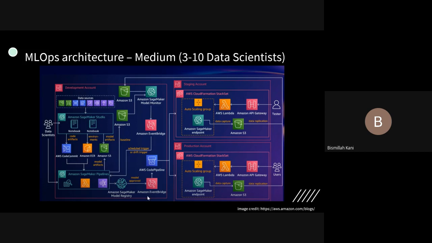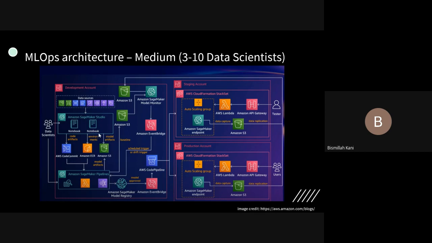It could be an API call, or a cron based trigger, where every regular interval, or it could be anything. Even if you have an S3 based trigger, if you drop a new data set into S3, that could also be a trigger to kick off this SageMaker pipeline.